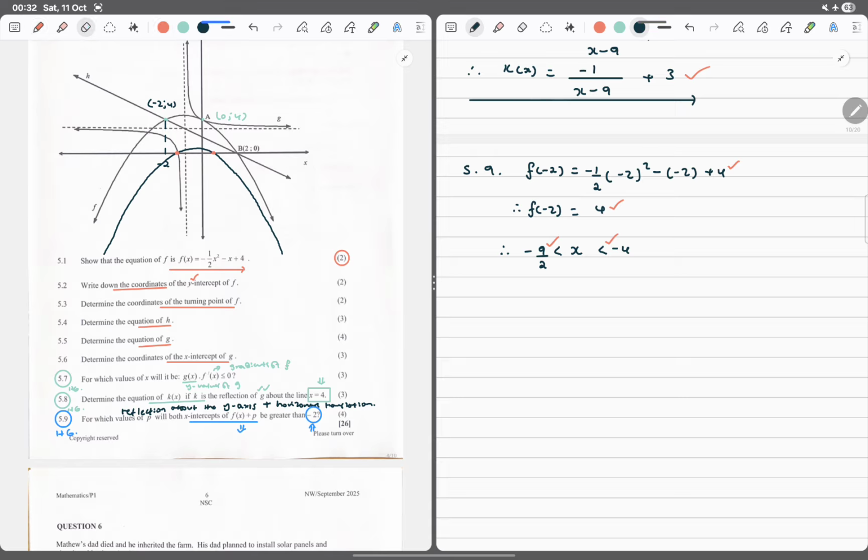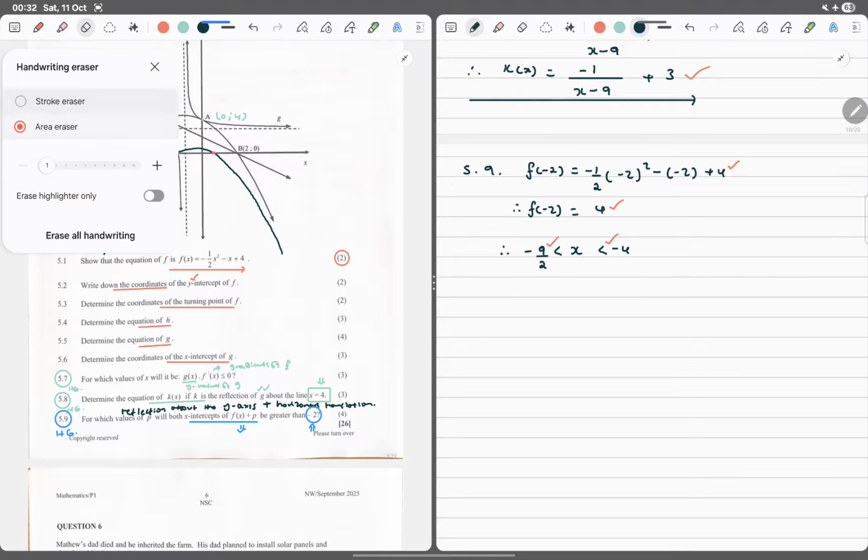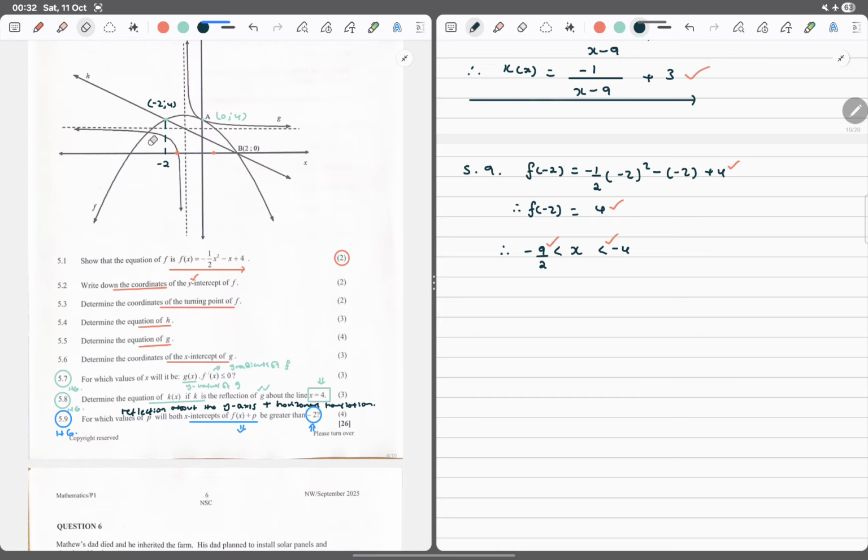Now, what else could be thought of here? We could actually think about this as essentially f of x equals minus p. We transpose the p to the other side. So we can see p becomes a horizontal line. So we can say, well, this is perhaps a horizontal line like this.